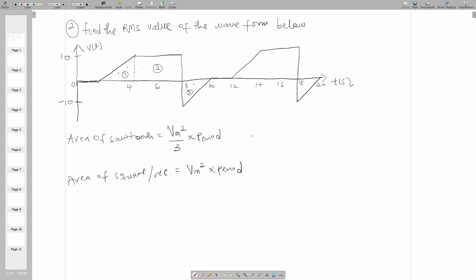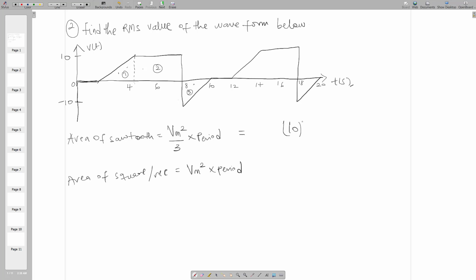Right, so let's see. For the area under the sawtooth, we have two sawtooth, this one and this one. The Vm here stands for the magnitude or the amplitude or the peak value. The peak value under the sawtooth in this diagram is 10.